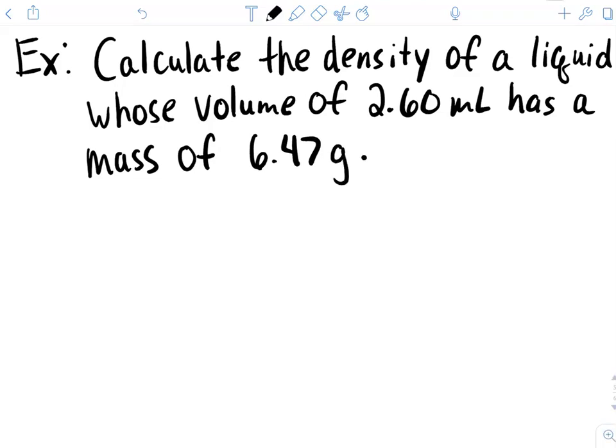Now, I will tell you that you will be told how many decimal places to round to. In this one, we're going to go to 2 decimal places.